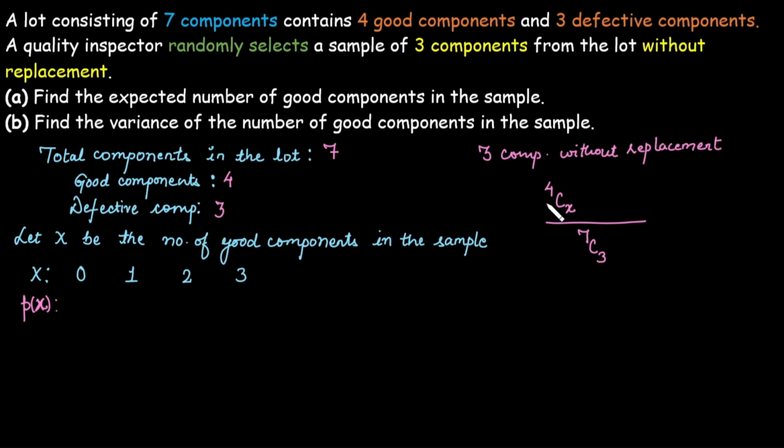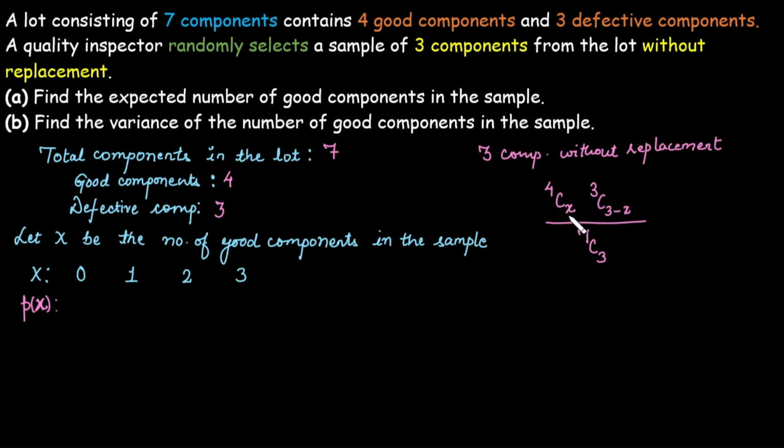Let's suppose we got 0 good components. In that case we will get defective components. So out of 3, how many cases are we getting? That is 3 minus x. You can check it. If we are selecting 0 good components, you will get 3 defective pieces.